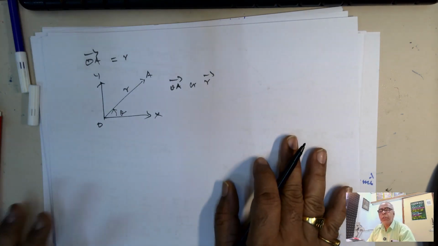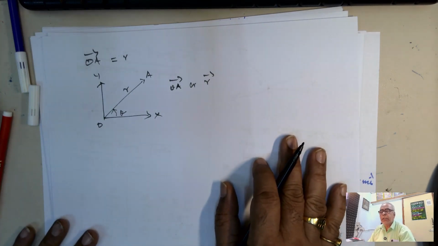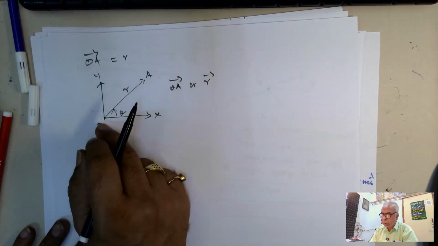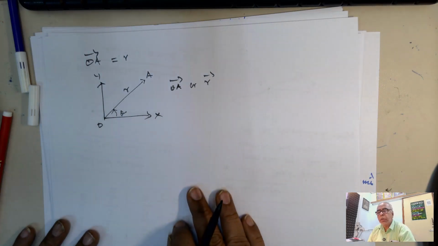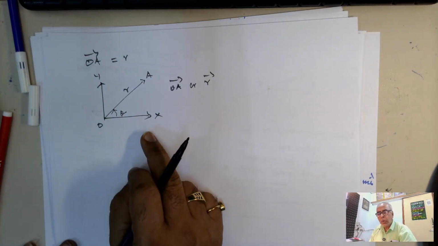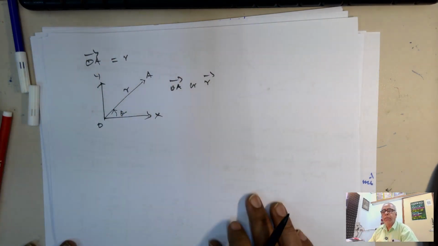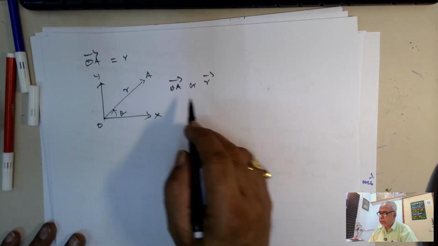Now this position vector provides two pieces of information. It tells us the minimum distance of an object from the origin, how much it has traveled, and it tells us about the direction of the object with respect to the x-axis and y-axis. Okay, so we are able to track the vector, and such type of vectors are called position vectors.